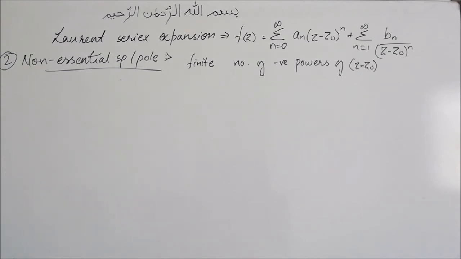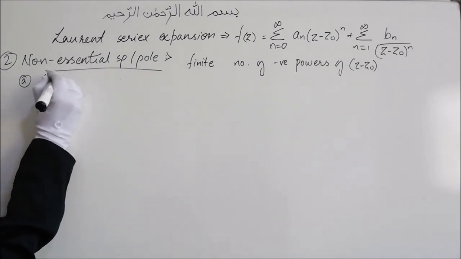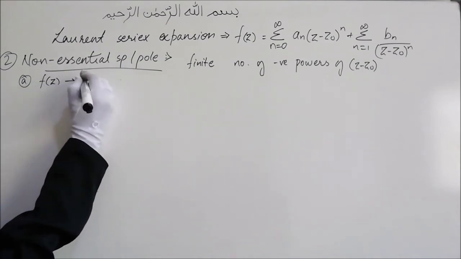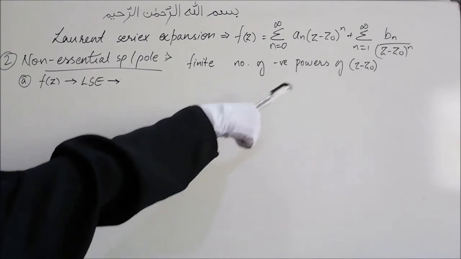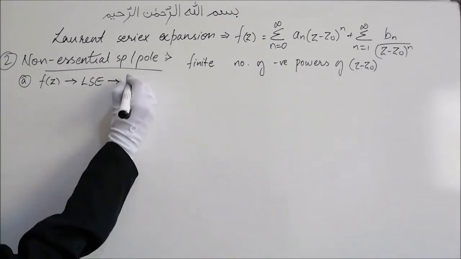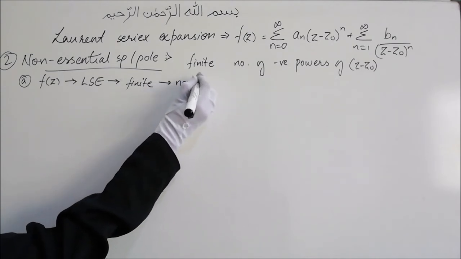To find non-essential singular points, there are various methods. First, we will take the function f of z, expand it using the Laurent series expansion, and if it contains finite number of negative power terms of z minus z naught, then we say that it is a non-essential singular point.